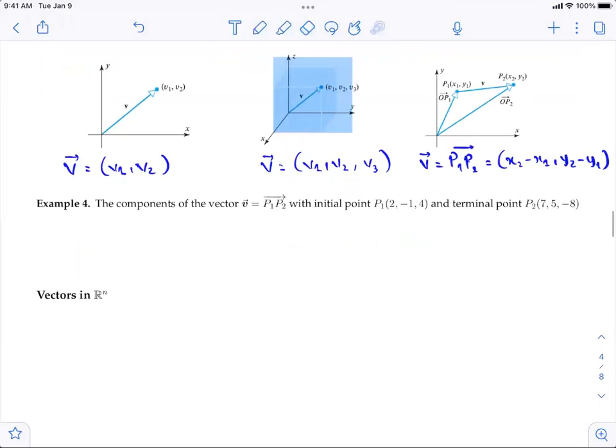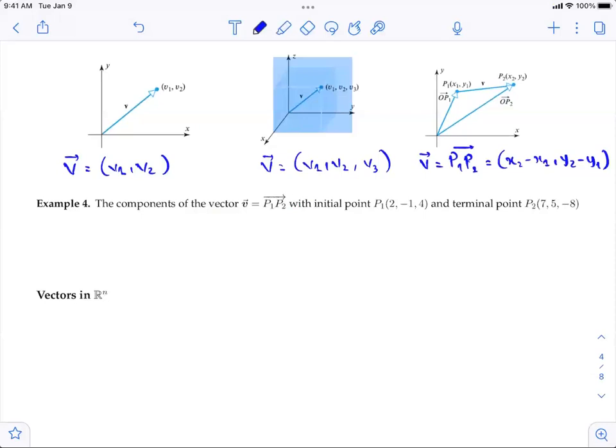So in the following example, you want to calculate the vector v. Vector v is equal to vector p1, p2, because the initial point is p1 equal to 2, -1, 4, and the terminal point p2 is 7, 5, and -8.